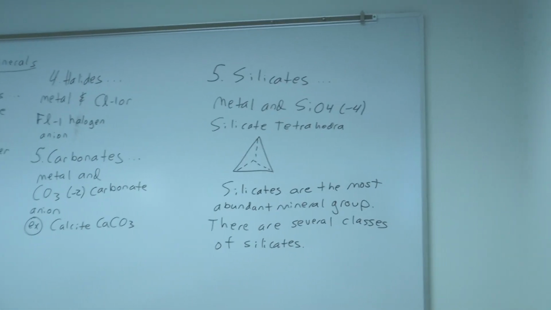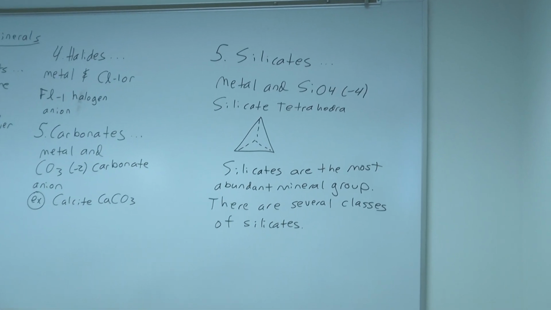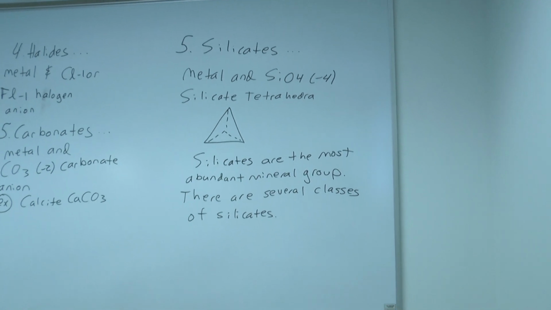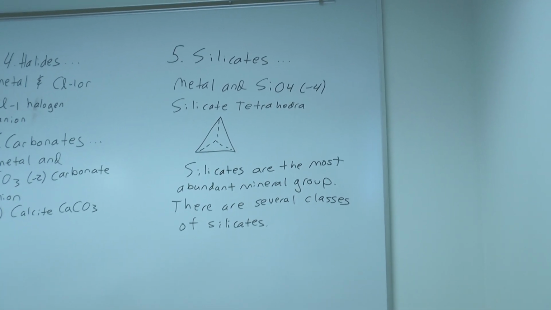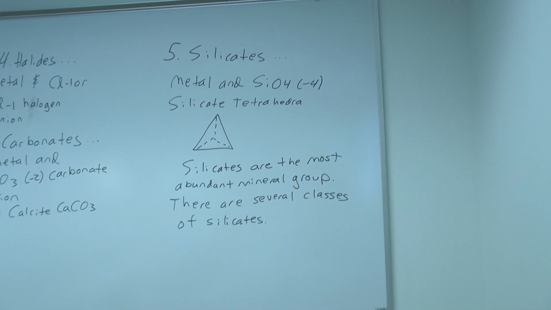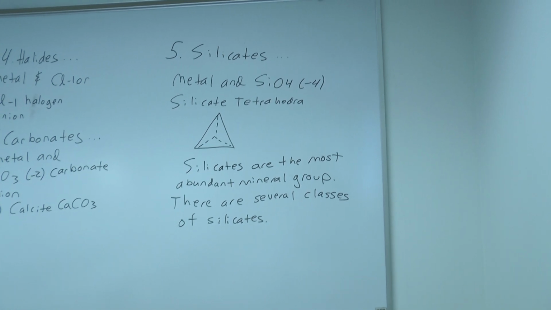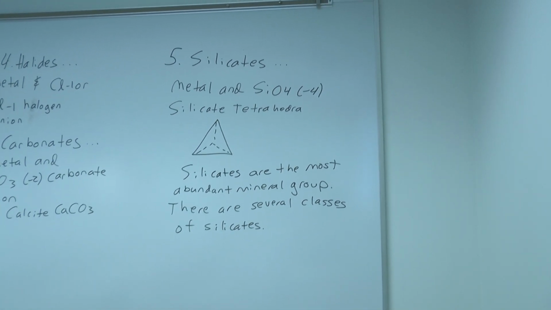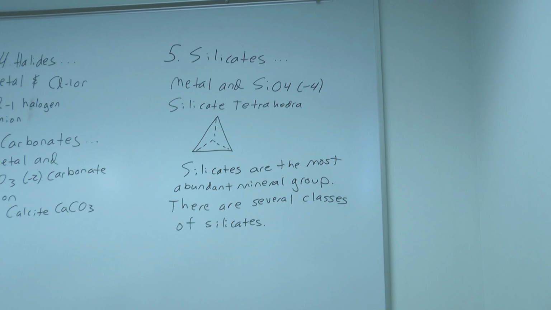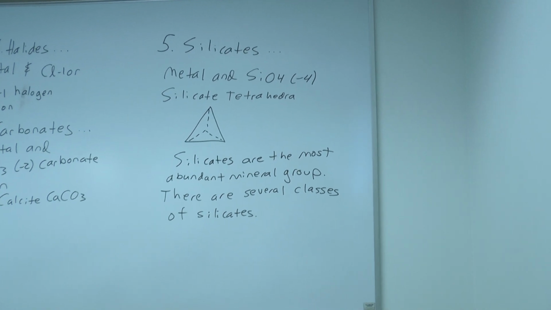Our 5th group of minerals, or class of minerals, that we will focus on for this class are called the silicates. So the silicates consist of metal, some kind of metal, and what we call the silicate tetrahedra, SiO4 with a -4 charge.